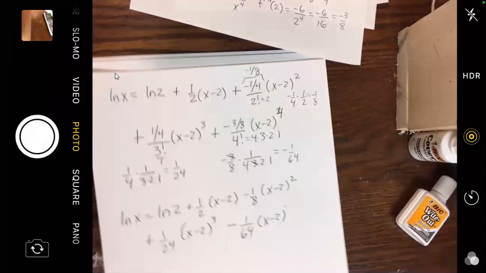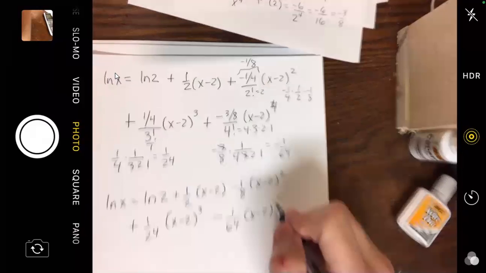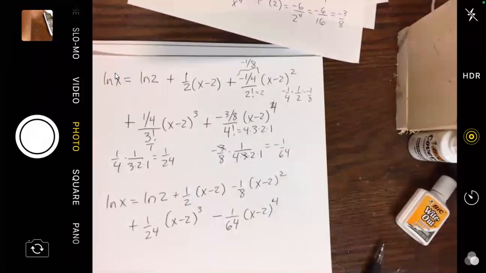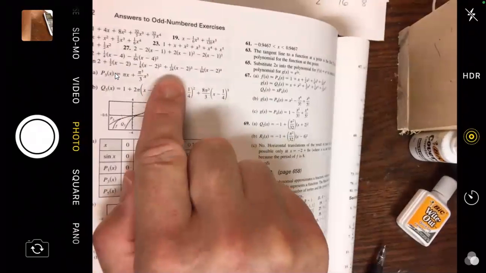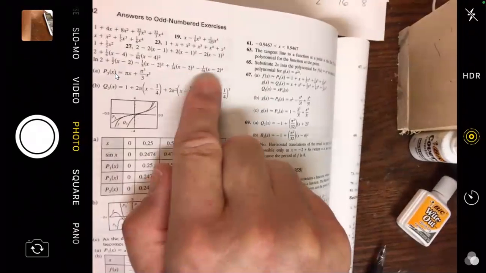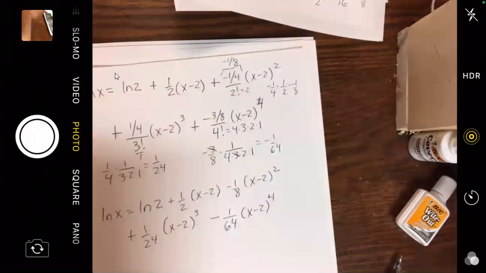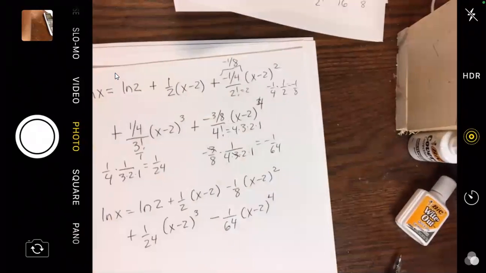Well, you guys let me get away with murder. My fault, that's a 4th power. So I don't know if you can tell, but there's your plus 1 over 24, minus 1/8, and minus 1 over 64. Did that convince anybody or only me?